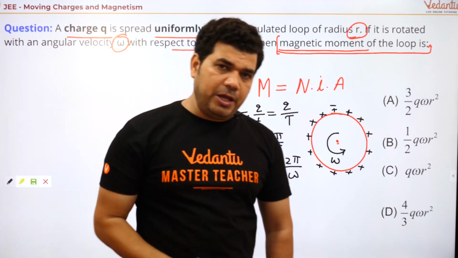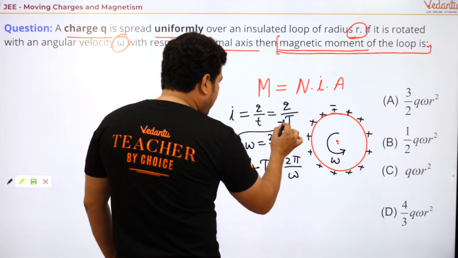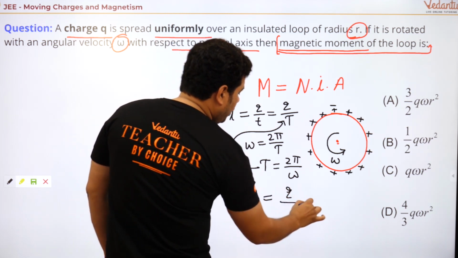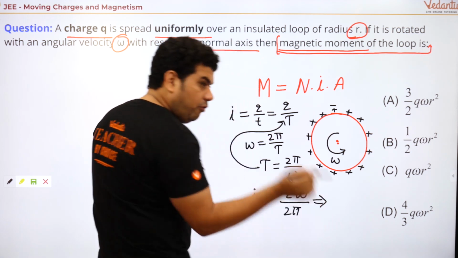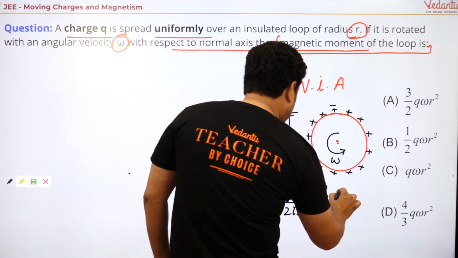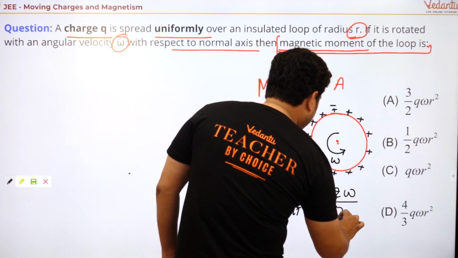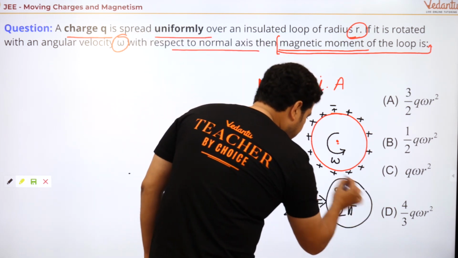And if it is 2 pi by omega, then what we can say? We can put the value here, and here we can say I is equal to Q by 2 pi into omega. Now we have current I is equal to q omega divided by 2 pi. Right? This is our current.